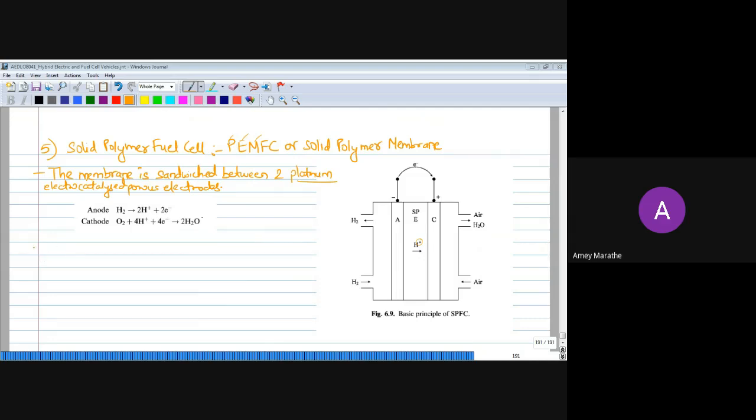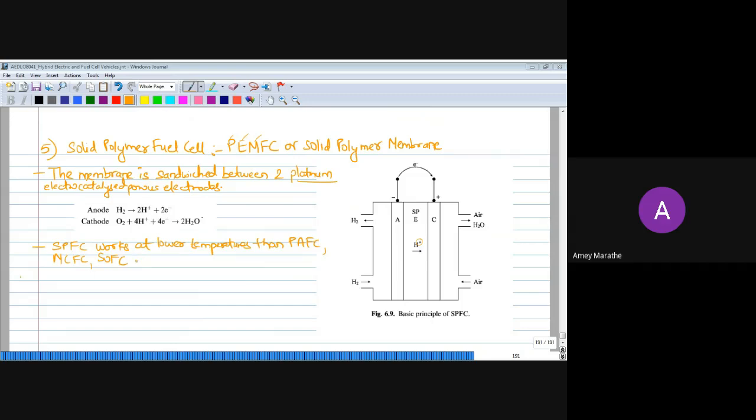Now, this SPFC, or solid polymer fuel cell, works at lower temperatures than the phosphoric acid fuel cell, molten carbonate fuel cell, and solid oxide fuel cell.